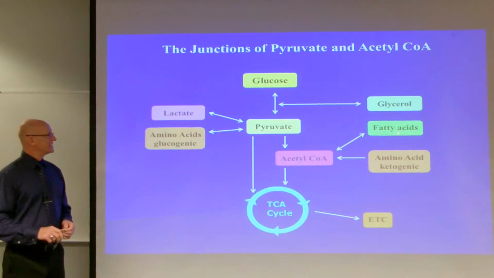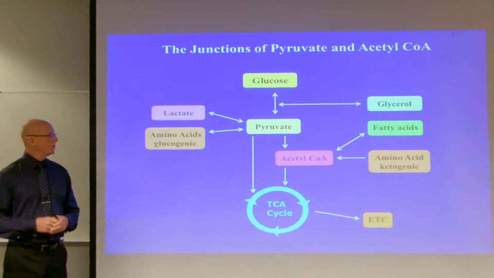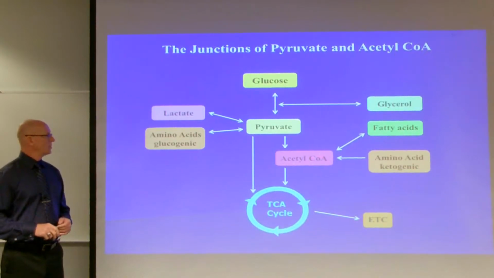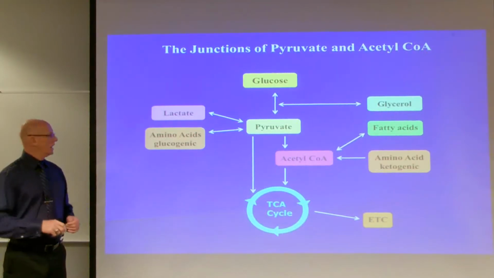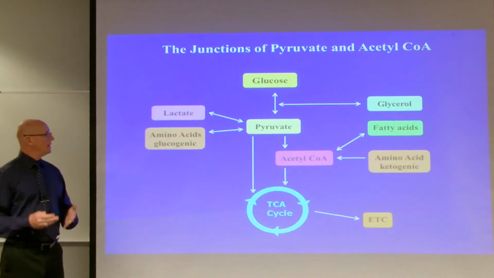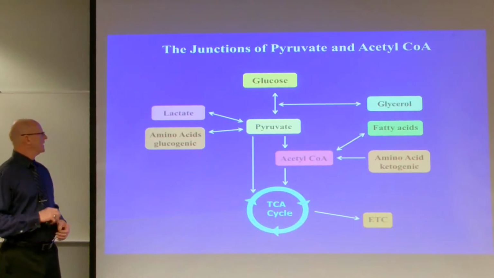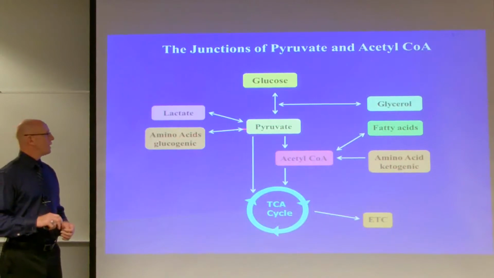The fatty acids, they go into acetyl-CoA. When fatty acids are broken down, they're broken down two carbons at a time, and we'll go through that coming up. And acetyl-CoA, remember, is the two carbons. So acetyl-CoA, since it's two carbons, you can keep building the two-carbon units and make fatty acids. And there are amino acids that are ketogenic, meaning they will come in at acetyl-CoA, and there are amino acids that can go into pyruvate.